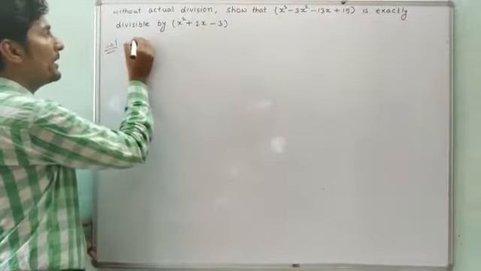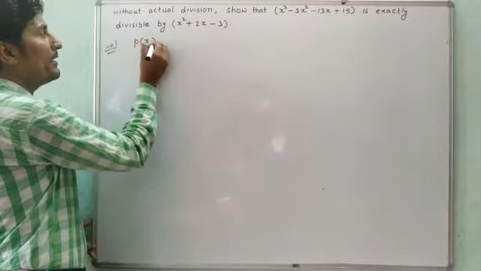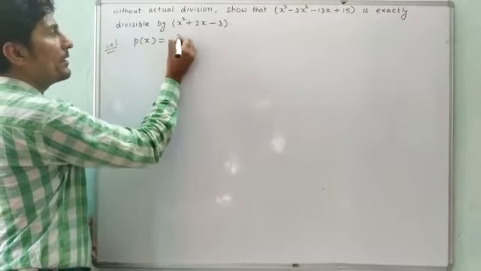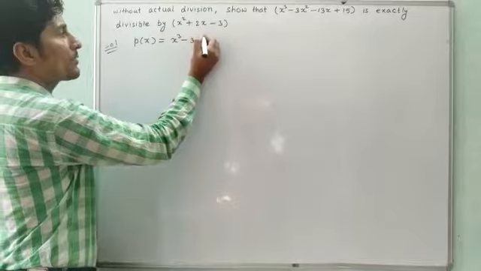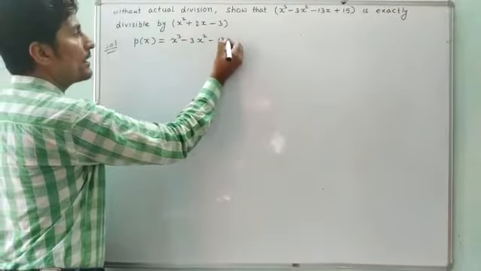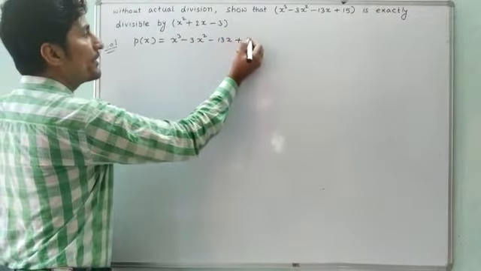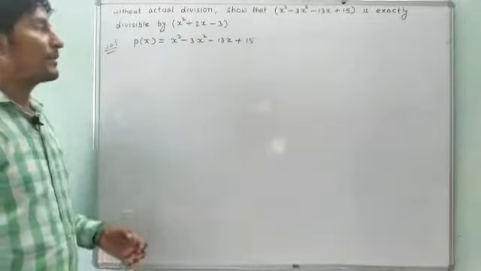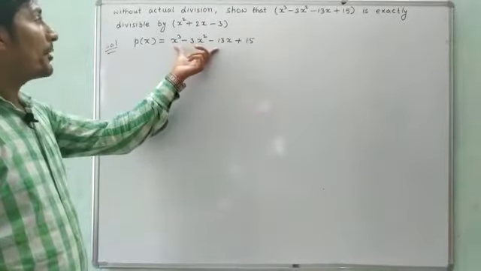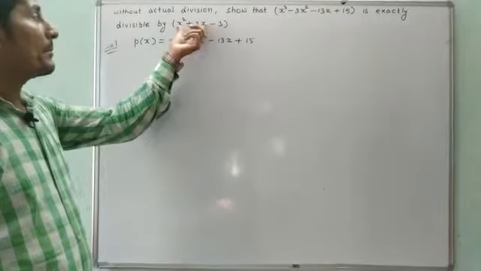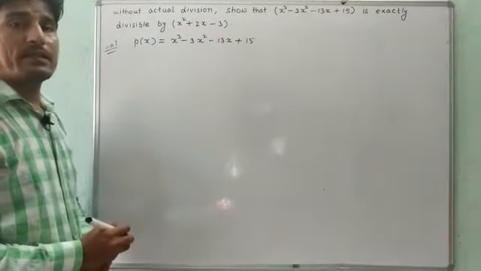First of all, let p(x) be x cube minus 3x squared minus 13x plus 15. Without actual division, we have to show that this polynomial is completely divisible by x squared plus 2x minus 3.